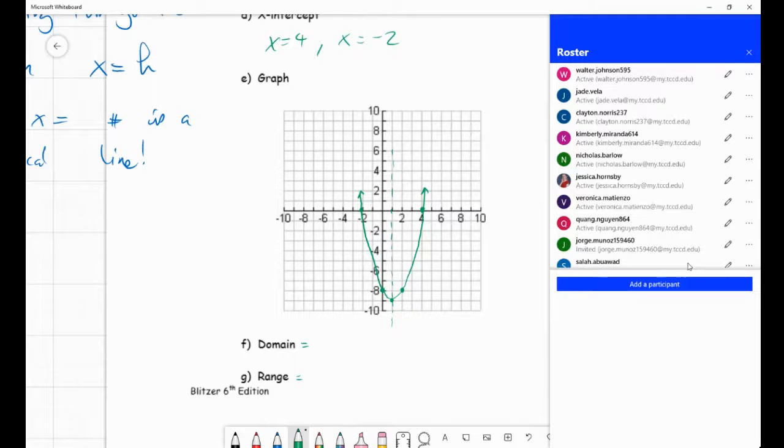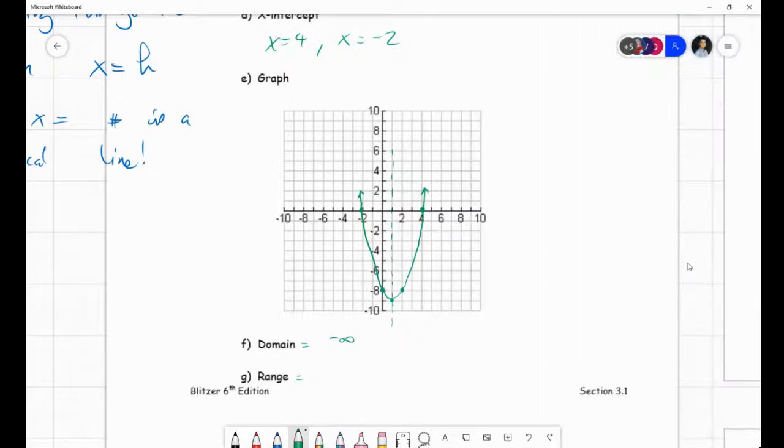Is it just negative infinity to positive infinity? Right. Clayton, what's the range? The range is negative 9 to infinity. Okay, do I include 9 or negative 9? Yes. Very good.